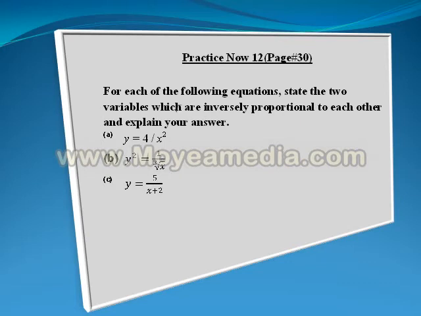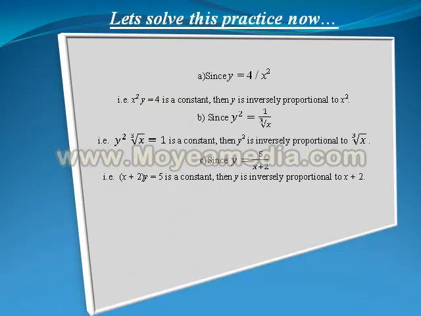So let's solve this practice now. The first part says y is equal to 4 over x square. Mathematically manipulate this one and move the x square from the right side to the left. It was divided on the right side and goes to the left and will be multiplied there.